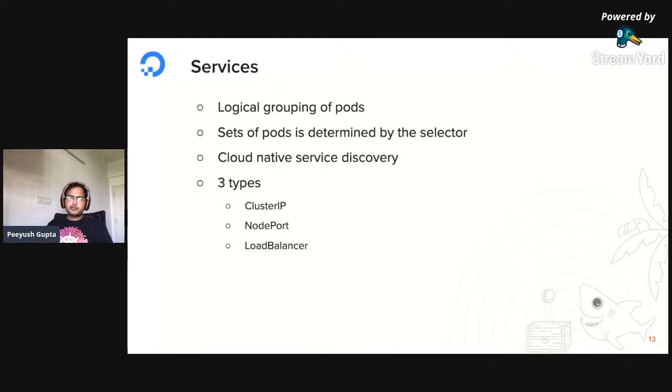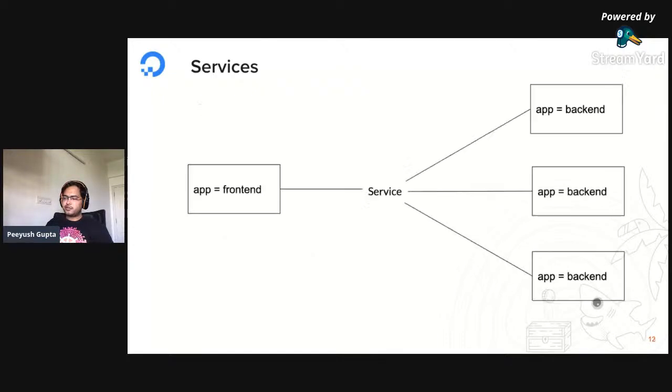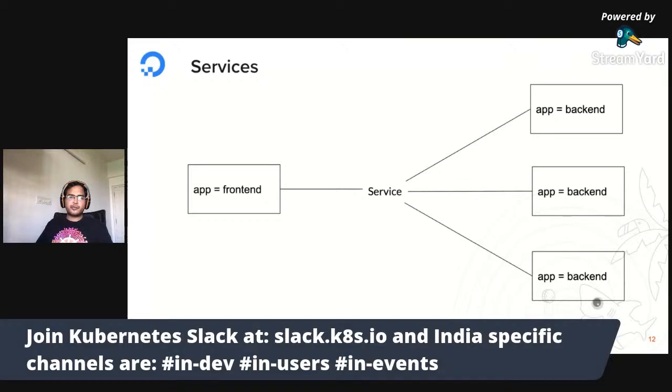So let's talk a little about what services are. As I said, they are a logical grouping of pods and they are selected based on a field called selector. When you are defining your application, be it a pod, a deployment, or anything else, you would have a field called selector. And as we saw in the previous diagram, the selector here is app equals frontend or app equals backend.